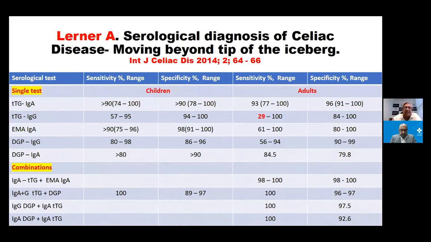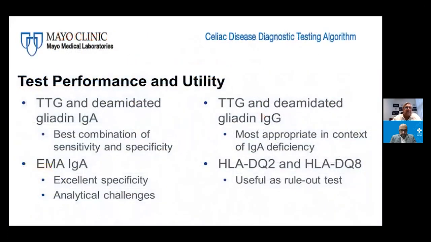In children, it's been suggested that instead of using one antibody, a combination will give you good sensitivity and specificity. Mayo Clinic indicates that we should always consider TTG, deamidated gliadin IgA. This is the best combination of sensitivity and specificity. EMA IgA gives excellent specificity, but there are analytical challenges, as I've been indicating.